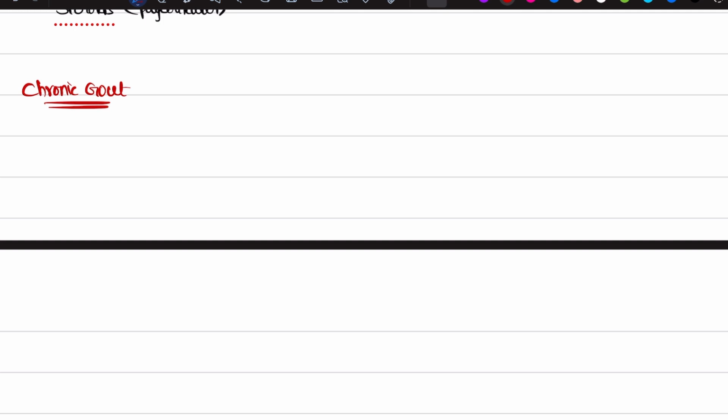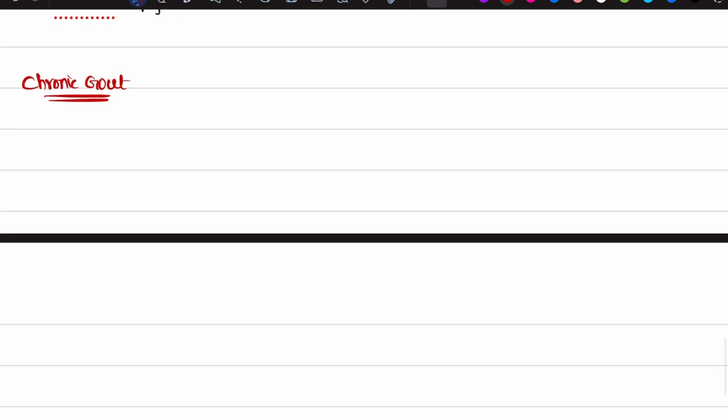So under the chronic gout, we are going to check the uric acid level. The normal uric acid level is less than 5. If more than 7, that is a very severe increase in the level of uric acid. If it is more than 7, we need to rush to the treatment.